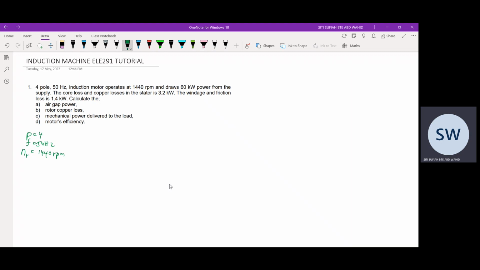So the motor draws 60 kilowatt power from the supply, meaning the input power. It uses 60 kilowatt as the input power. The core loss and copper losses in the stator is 3.2 kW.